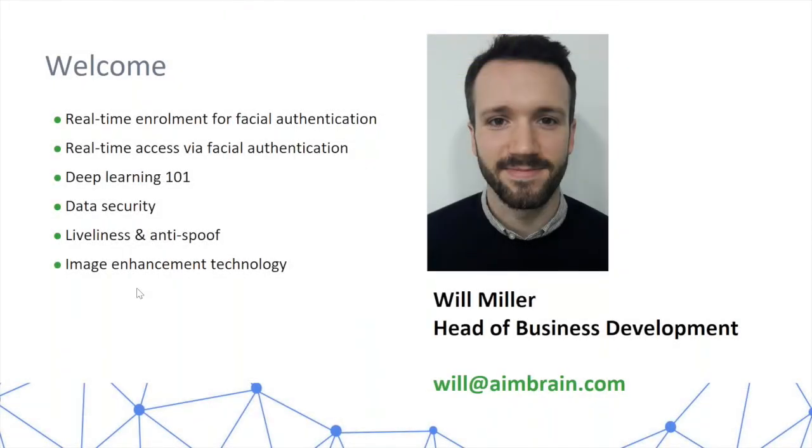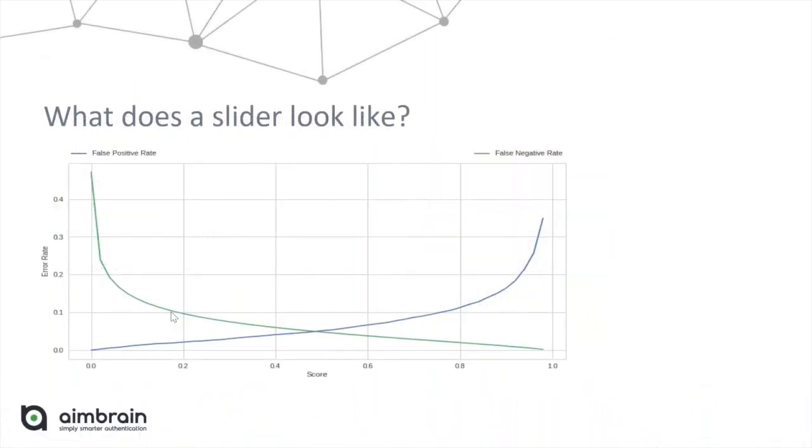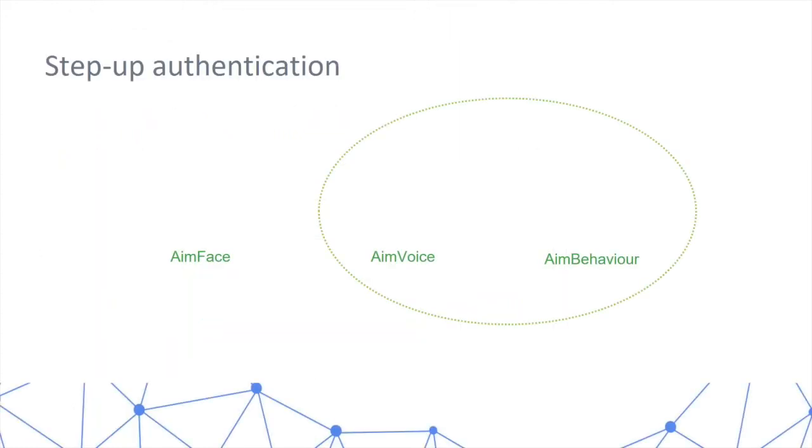So the image that I just took was turned into a digital construct and compared against the original enrollment construct. Now the enterprise sets its acceptance preferences based on its risk thresholds. AimBrain can advise on this, but does not control it. We do set an easy-to-use slider, however, to help organizations set their own thresholds, what they feel is an acceptable equal error rate.